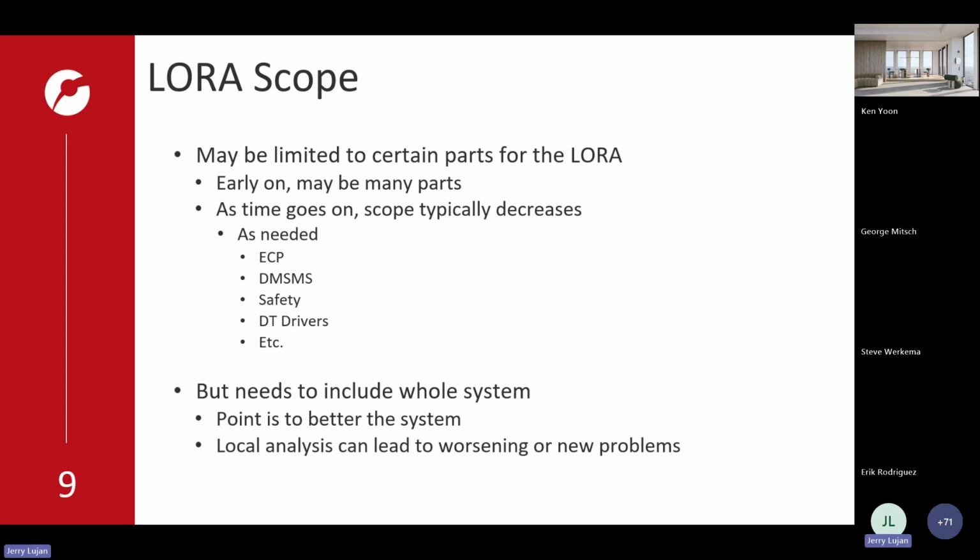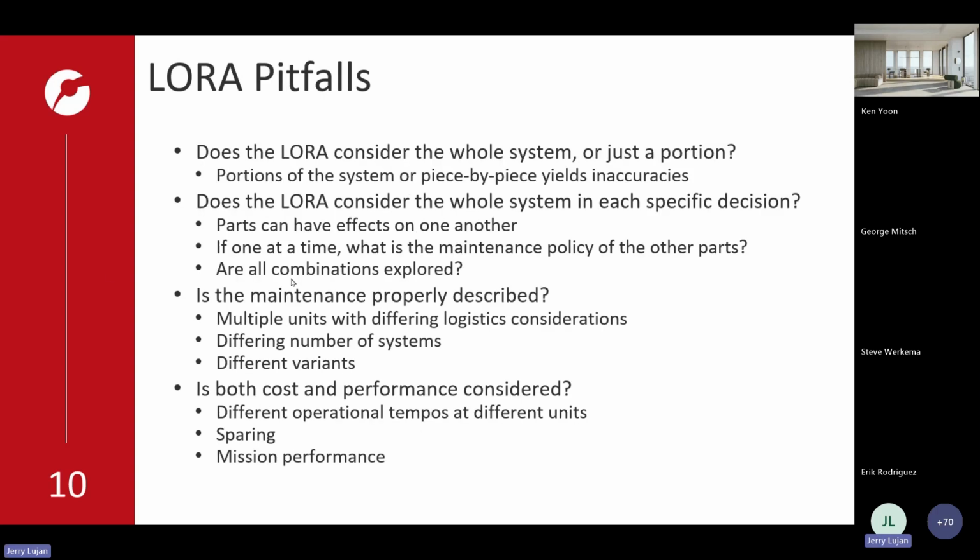Does that necessarily lead to a larger or a better fleet outcome? Even economically, does it? Not looking at the whole system at a time can lead us to actually creating problems, unintended problems, when we make a new LORA decision. And so there are quite a bit of pitfalls out there.